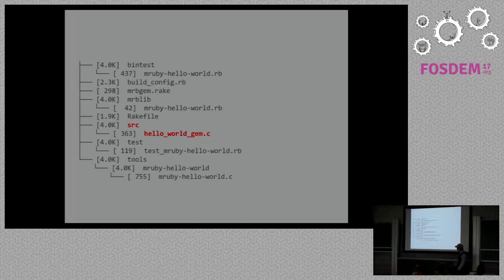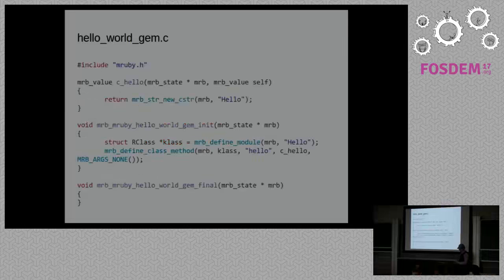So here's the mruby C file that I generated. And you need these 2 functions, init and final. Gem init is basically where you construct all the stuff at startup. So you're going to define your modules and classes that you want to be able to work with in C. In this case, I am defining the hello module, calling mrb_define_module that's part of the mruby C API.